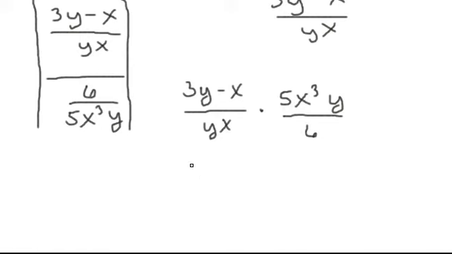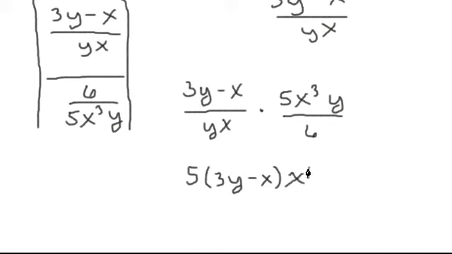So I'm going to rewrite this as 5, start a parentheses, 3y minus x. Y cancels out, and I ended up not writing, there's going to be 2 x's, and I didn't write that right there.